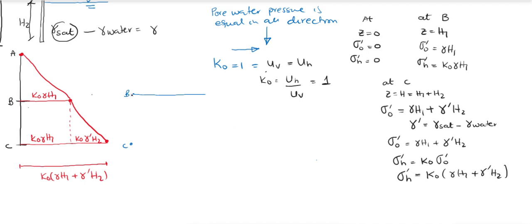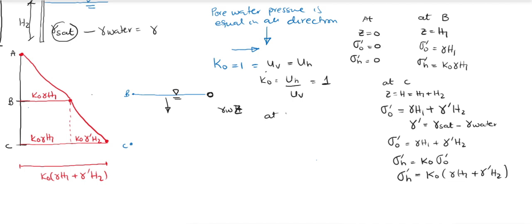And so if the water is at the level of the water table, at this point pore water pressure is 0, at point C is going to be gamma of water times what? Times the depth. Gamma of water times what? Times the depth. And what is the depth there? H1.